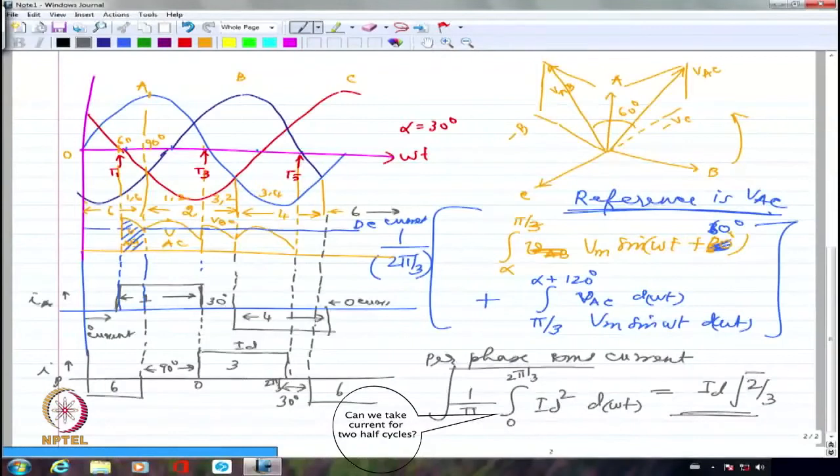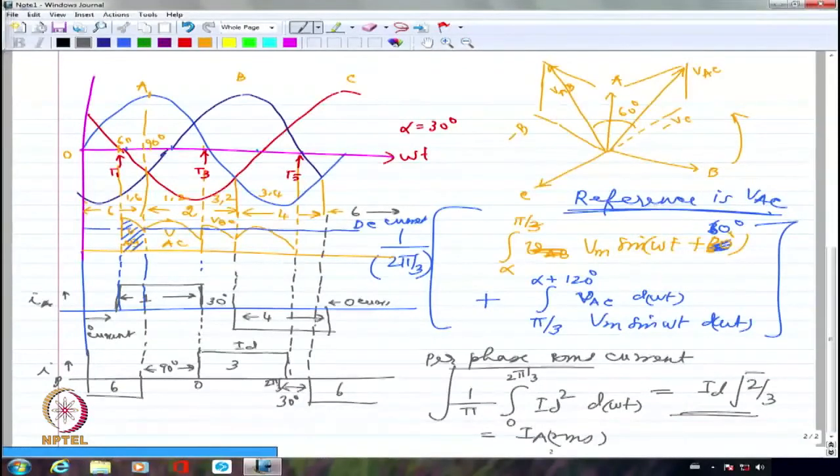This is true even for a 3-phase fully controlled converter. I'm sure you realize that, because if I am going to have 120 degree current in the positive half cycle and 120 degree current in the negative half cycle, and in between 60 degrees division, it doesn't matter whether it is 60 degree or 30 degree, I'm going to get the RMS value like this. So this is going to be IA RMS or IB RMS or IC RMS, irrespective of whether it is single phase or 3-phase fully controlled converter.